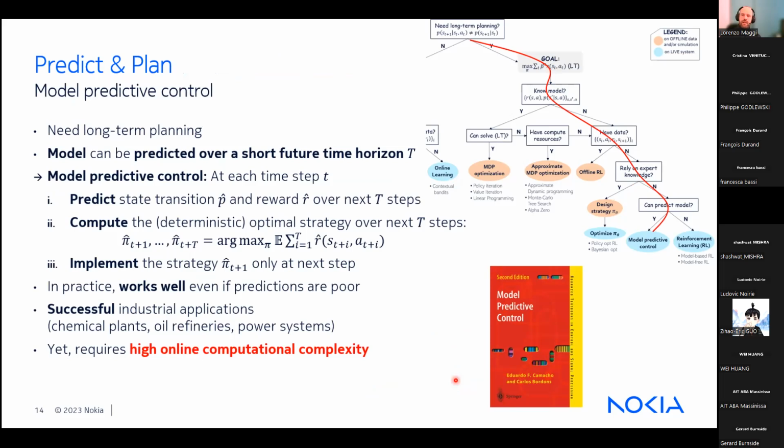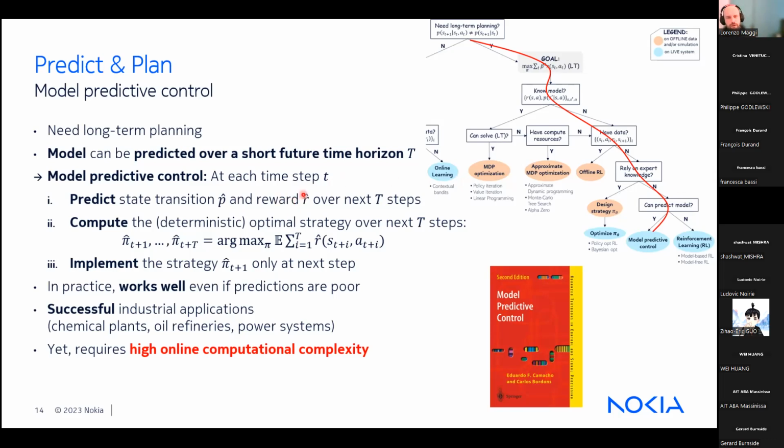Then assume that you cannot rely on expert knowledge, but you can predict the model. You can predict, even roughly, even poorly, the model. So basically you're at time t, and you're predicting the state transition over the next t steps, where t can be even small, let's say some tens.